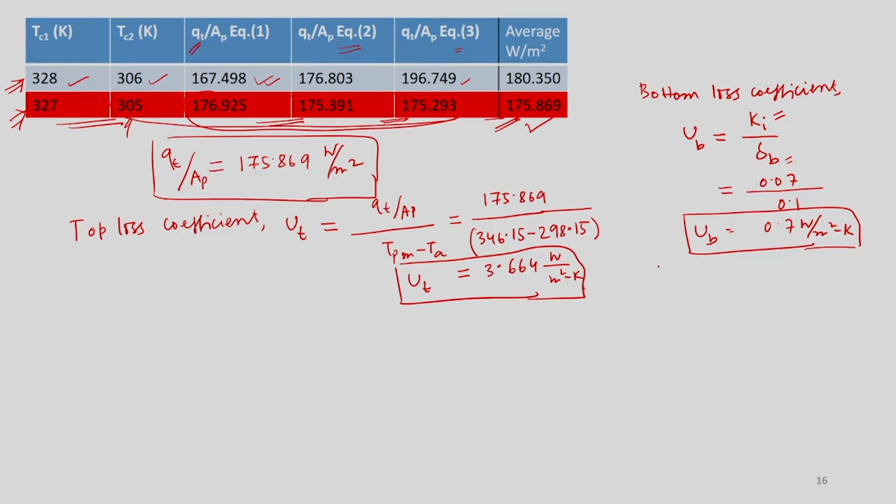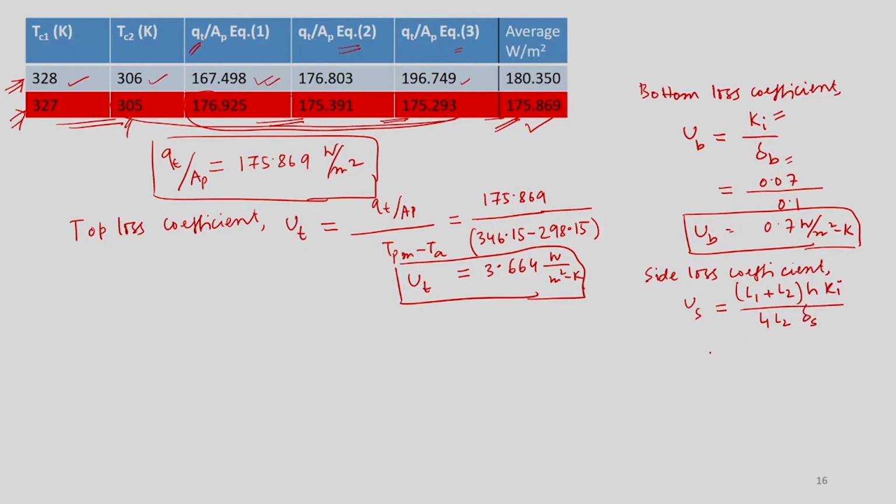Then we will calculate the side loss or edge loss coefficient, that is US. We can use the equation L1 plus L2 multiplied by H, then we have Ki over L1, L2, then we have delta S, right.